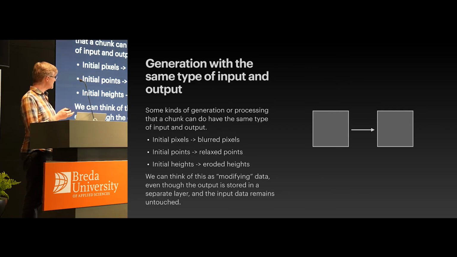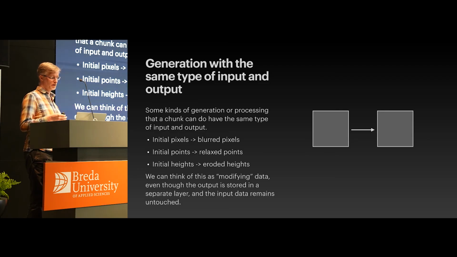So basically, I've covered cases where you create some completely new kind of data based on a different type of data, but sometimes a process essentially feels like it modifies data because it has the same kind of data as input and output.